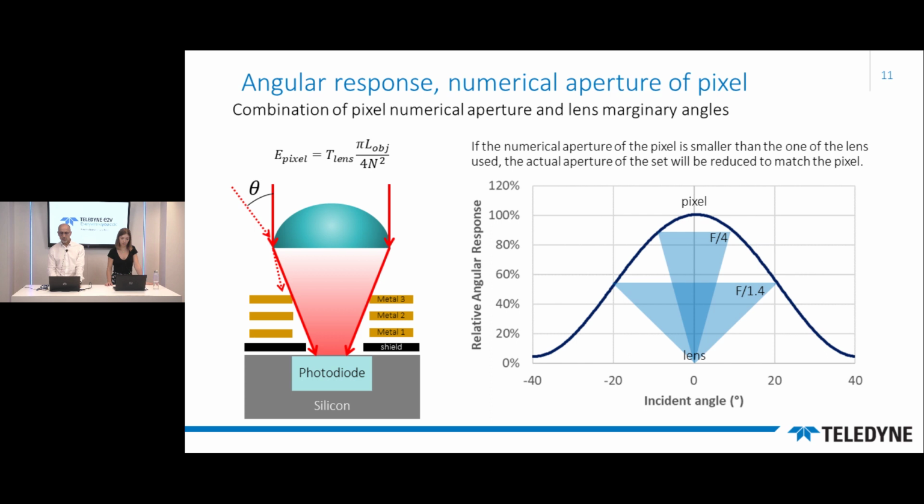All of these parameters are defined by the physical layers present above the photodiode, for example the conductive metal lines or the transparent separating layers, understanding that the metals can also reflect or diffract light.